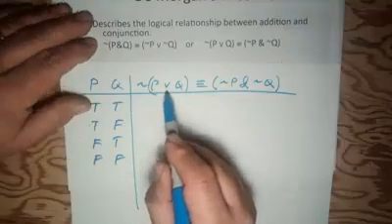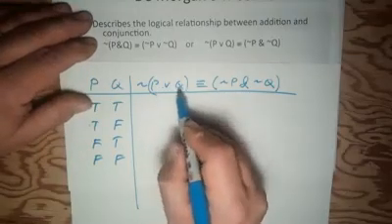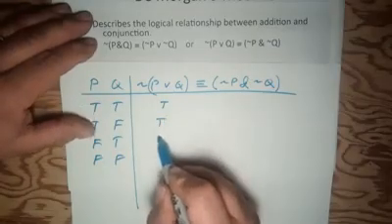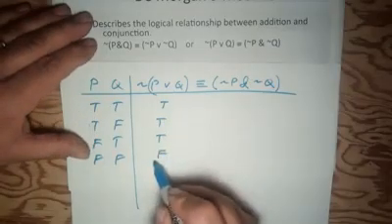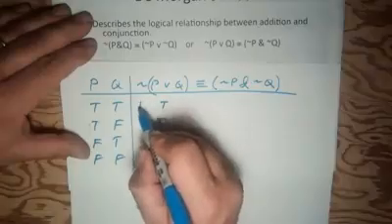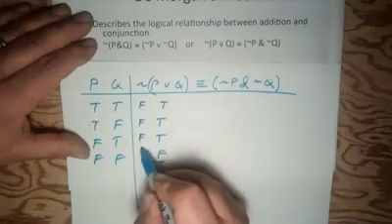So here we do the or first. This is pretty simple. P or Q is going to be true, true, true, false. And then we negate that. So we get false, false, false, true.